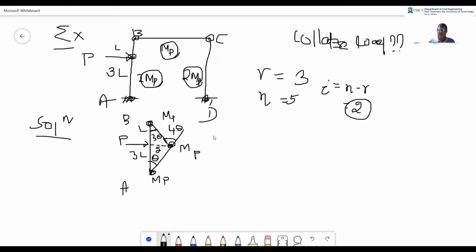I think you got this point, because delta is equal to 3L theta, that is equal to L phi, so phi is equal to 3 theta. Now see the work done. External work done will be P into delta, so P into 3L theta.